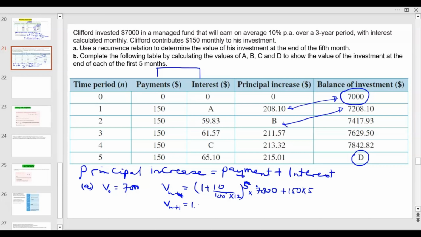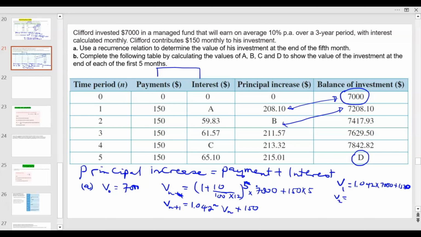That one was 1.042 to the power of n. If I have to use recurrence, I have to use 1.042 times Vn plus 150. With the recurrence, you have to use the value before. So V1 has to be 1.042 times 7,000 plus 150.